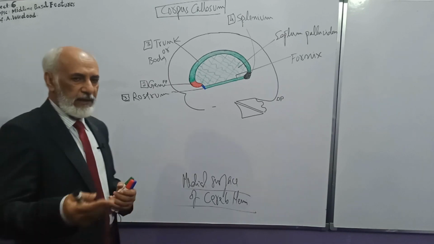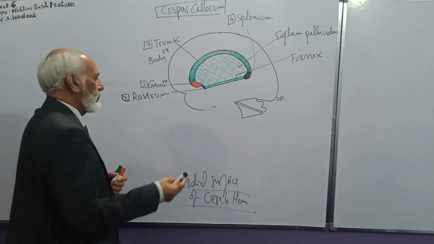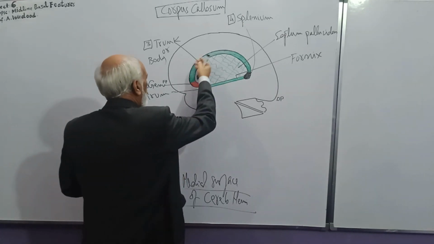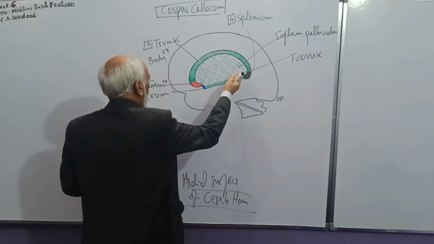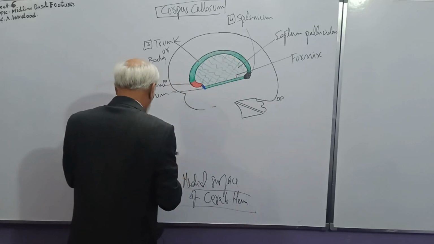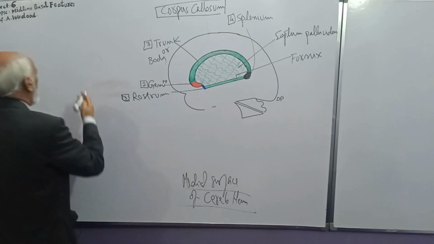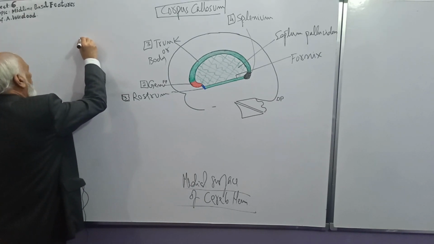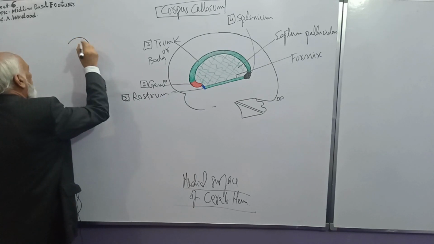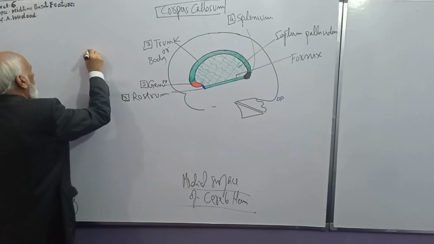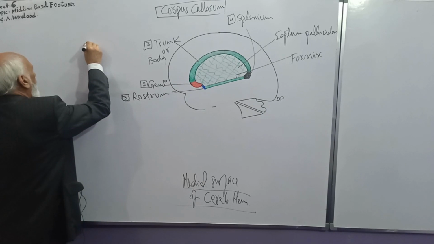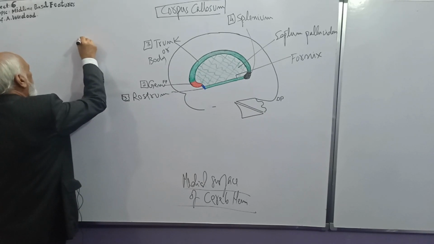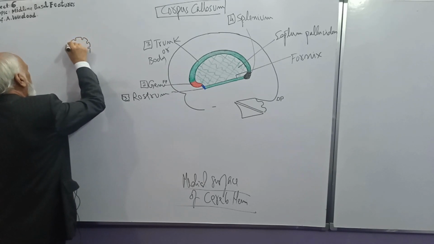Now I will draw another diagram which will help us to know the relation of the corpus callosum, its different parts, and the septum pellucidum. Suppose this is a coronal section through the right and left cerebral hemisphere.